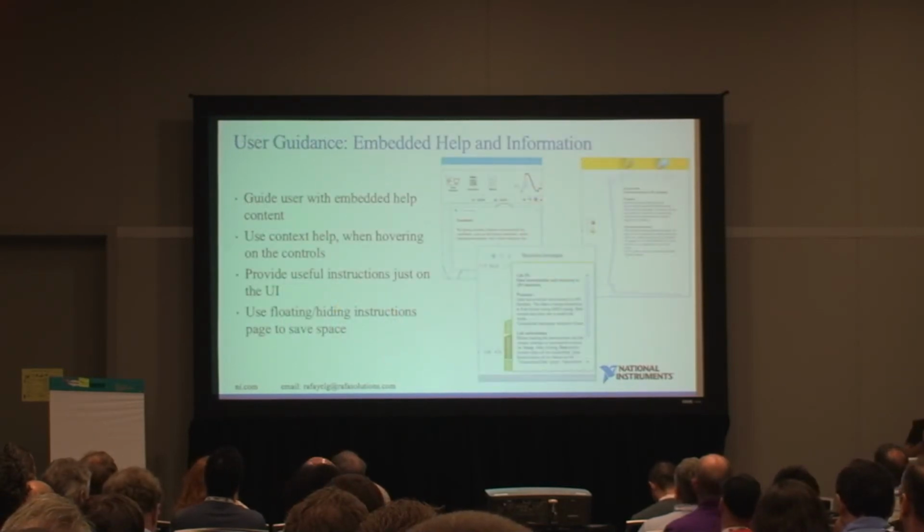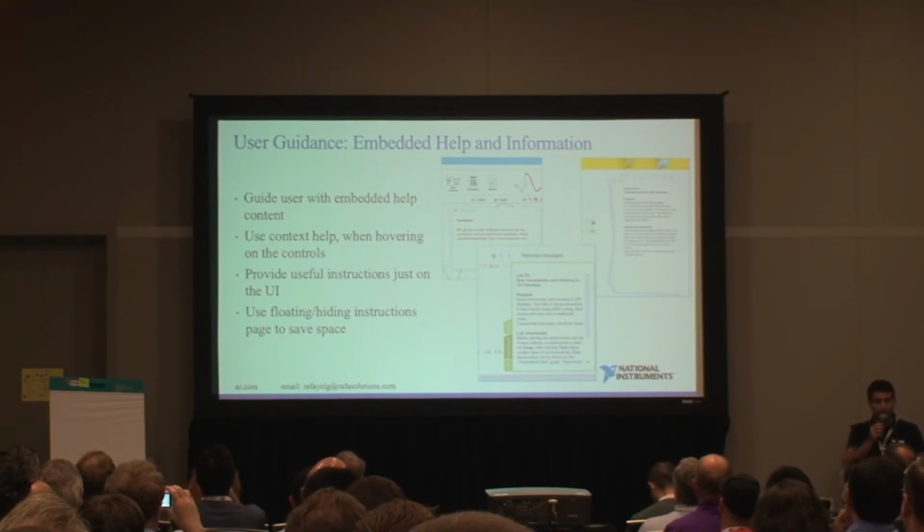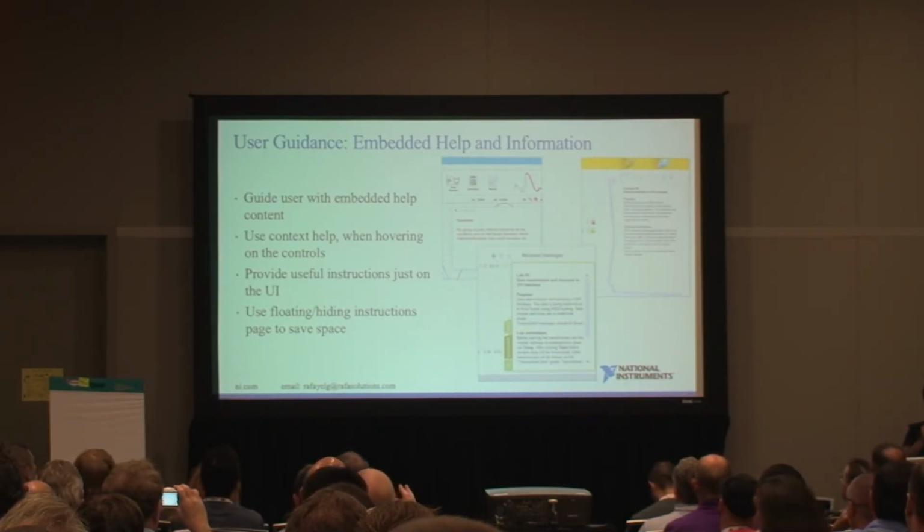And then user guidance is the other part of what we discussed about consistency and feedback. User guidance is when you guide your customer when he's already working on the application. That's the help assistance, the hints that are coming out.